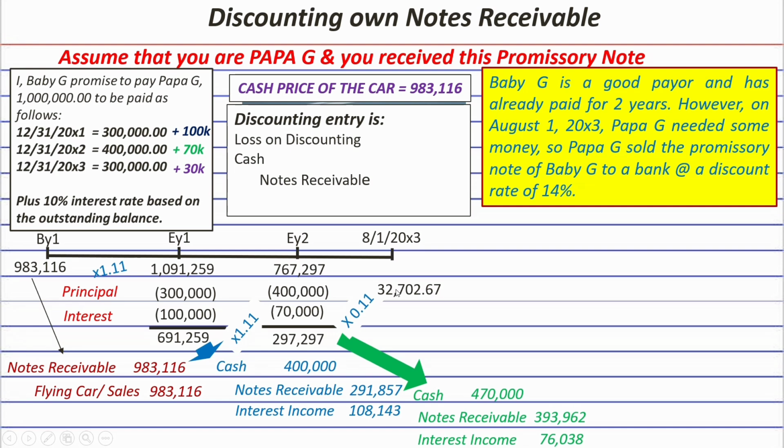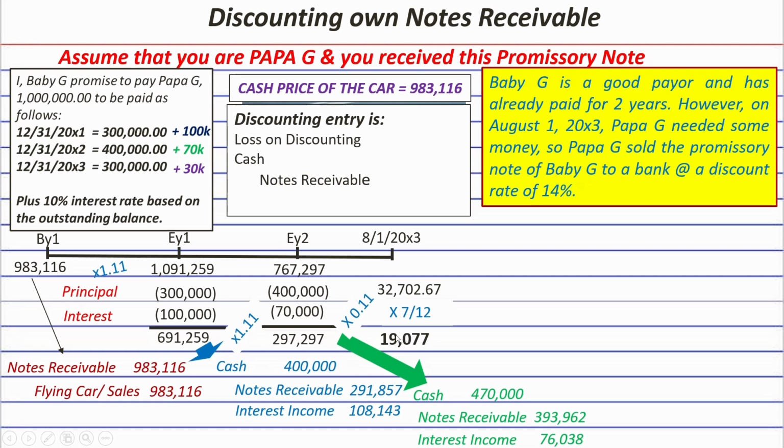Now, again, you are not entitled to that whole 32,702.67 because you are only entitled to 7 months. So that amount should be multiplied by 7 over 12 months. And that will be equal to 19,077.